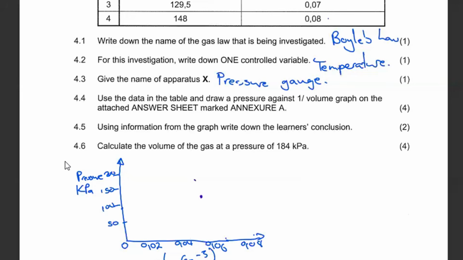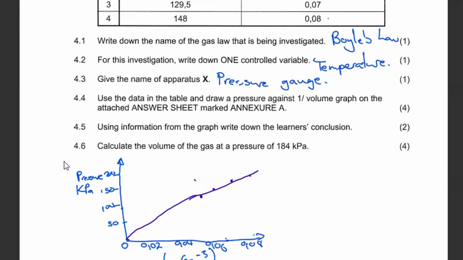Then the other one goes with 0.06 and 111, above there. Then the next one is 129, just below 150, with a volume inverse of 0.07, in between. The last one is 0.08 with 148. So we're going to have a graph that starts from there and goes straight like that. So you must formulate a graph that looks like that.